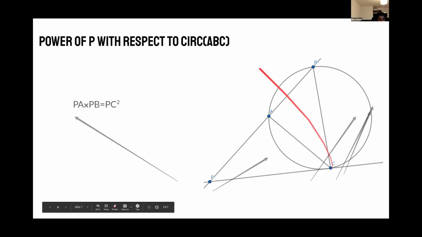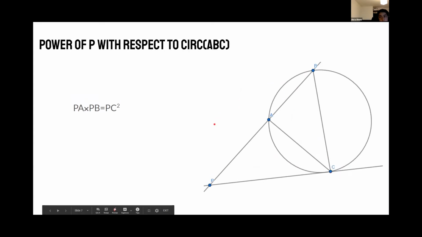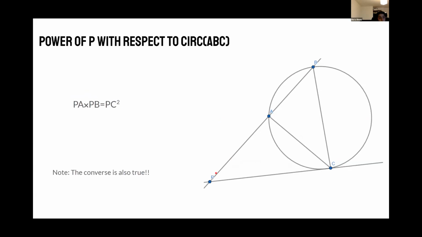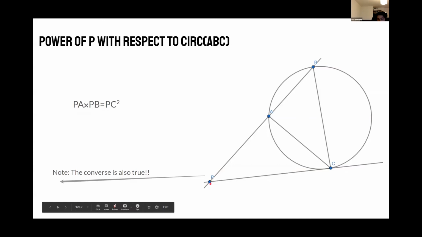We will use this statement as well. I didn't have to show it, but it's worth showing. We will also use the converse, so that if PA times PB equals PC squared and P, A, B are collinear, then PC will be tangent to the circumcircle of ABC.